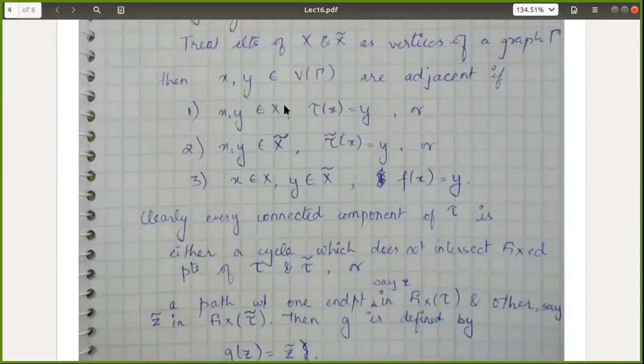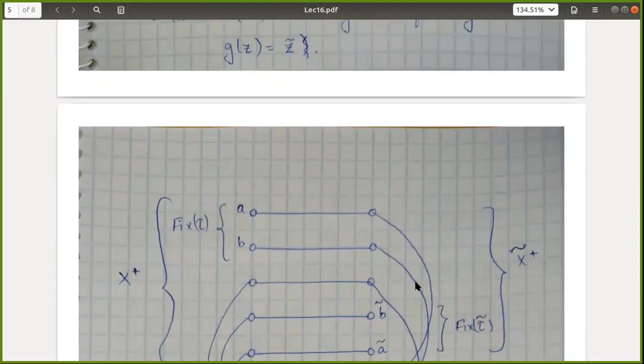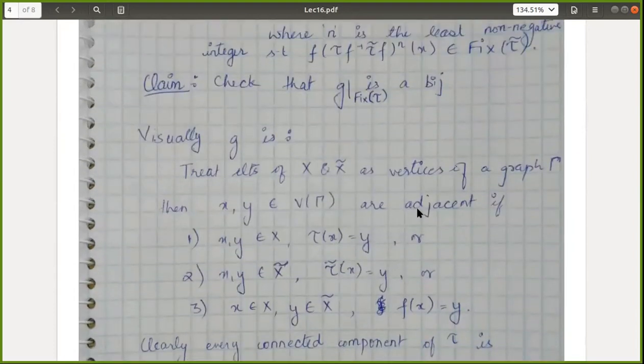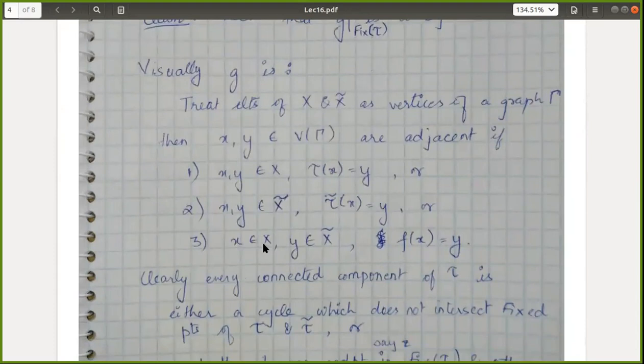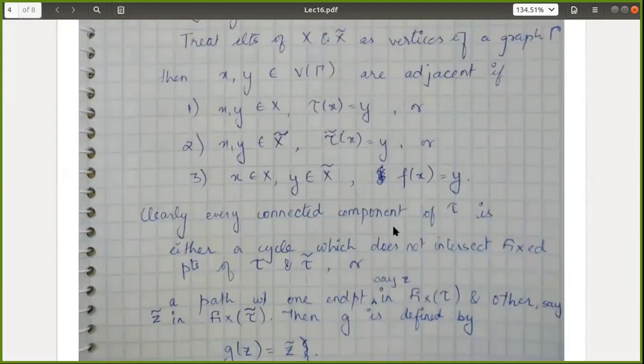That is what I've written here. So x, y in x, and tau x equal to y gives an edge between x and y. x, y both in x tilde, and tau tilde of x is y. That is the edges on this side, the curved edges here. Or one of the elements is in x, another one is in x tilde, and f of x is y. Okay, these are these horizontal edges, which we first drew.